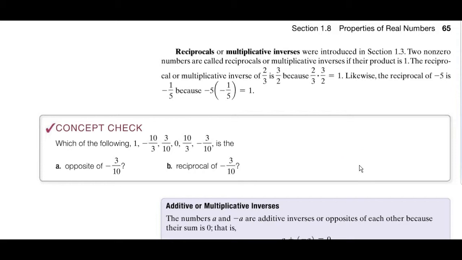Now, let's look at this one here. It says, what's the opposite of this? Well, the opposite of this is a positive 3/10. It's going to make it 0. The reciprocal of this is a negative 10/3, so that when we multiply these, the product is going to be 1.